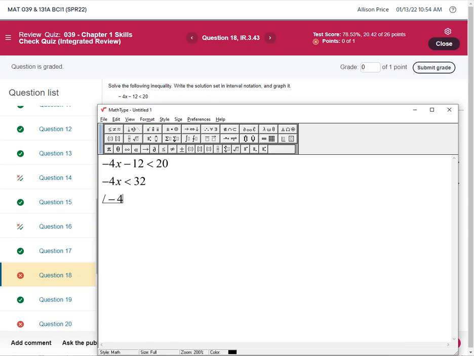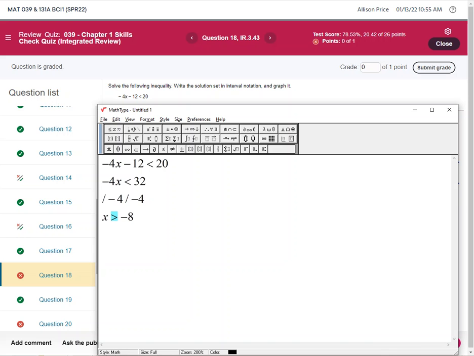Next step is to divide both sides by negative 4 to get the x by itself. Since it's a negative, there's a property of inequalities that says if you multiply or divide by a negative number, the inequality symbol is going to switch. Then I can finish my division: 32 divided by negative 4 is negative 8.